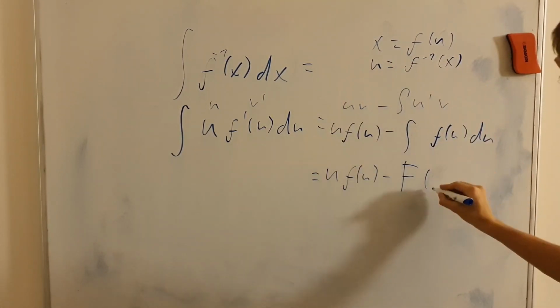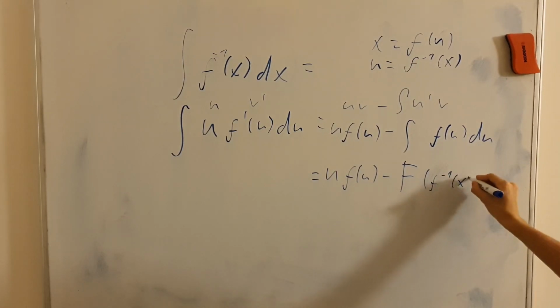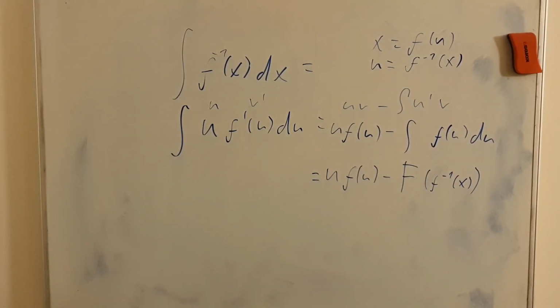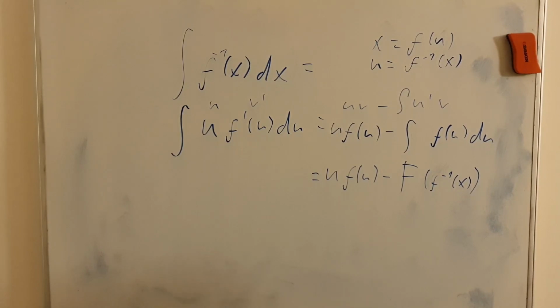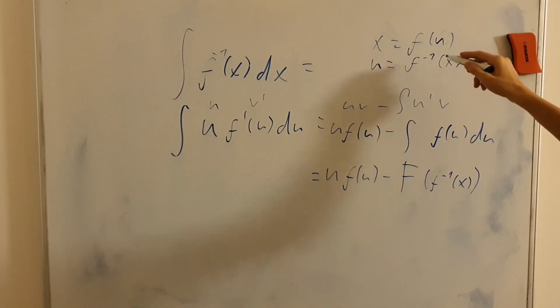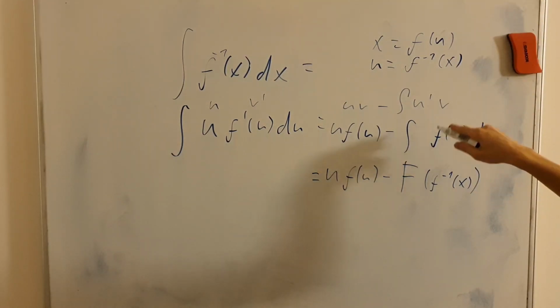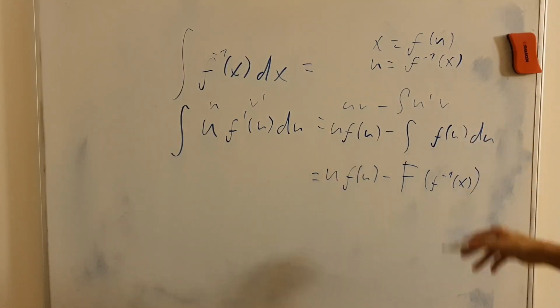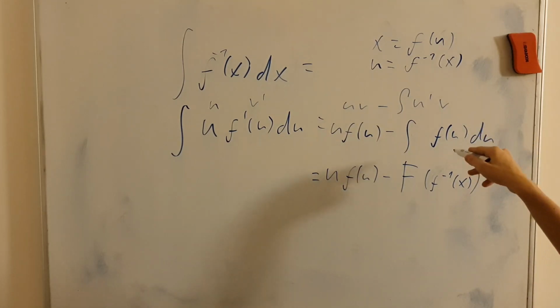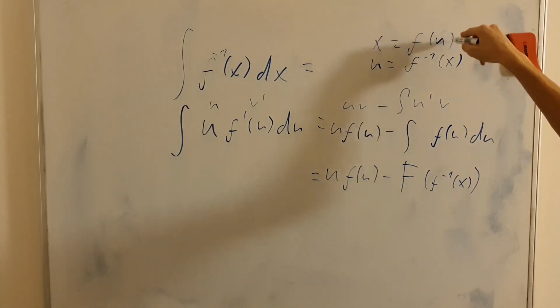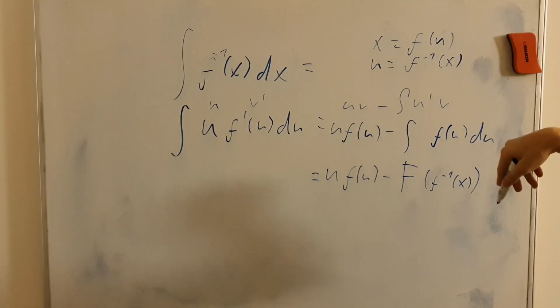So u f inverse of x inside the integral of f. And what I'm talking about here is, of course, x is f of u. But if I use f of u and put it right here as the x here, well, I will get xu, right? And xu would be f of u f inverse of x.